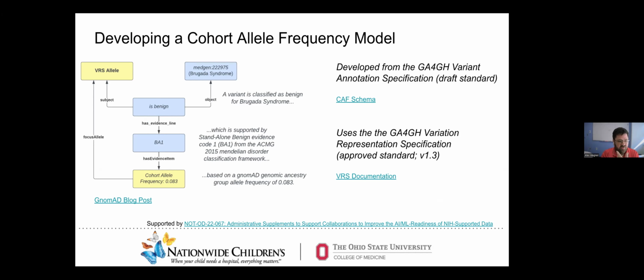And what this allows us to do is to represent that frequency and the number of homozygotes and heterozygotes and things like that that exist in it, and link that to a VRS allele. And then that can be used in these more complex evidence structures to drive interpretations, such as this variant is benign for Brugada syndrome, primarily because it's so frequent in the general population.